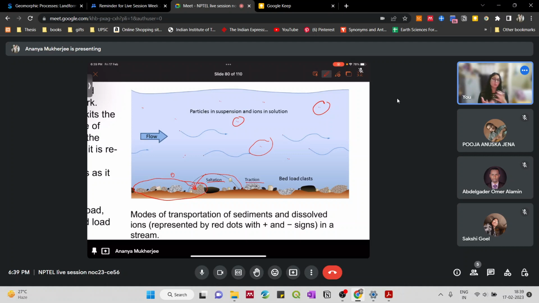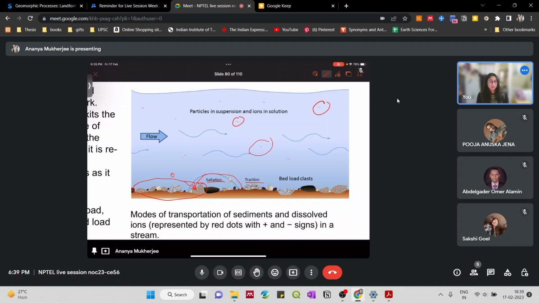The flow is not linear, it is mostly a wavy or turbulent flow, so with the flow, the sediments are also flowing. And then you have traction, which is when sediments are dragged along the channel bed.